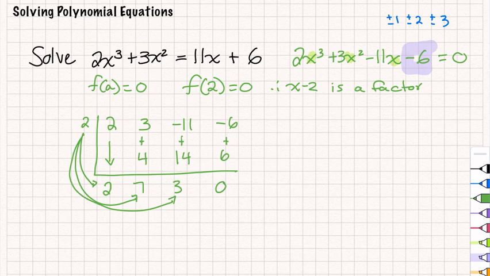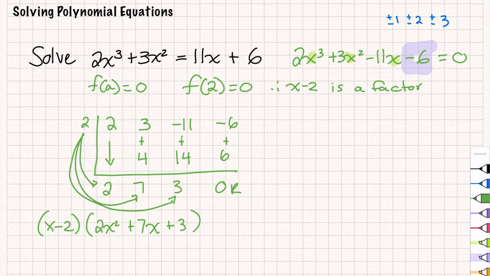Because this equation is in the third degree, when we write our answer here, we're going to have it start with the second degree. So 2x squared plus 7x plus 3, and we have a remainder of 0. So now we have x minus 2, and we have 2x squared plus 7x plus 3.